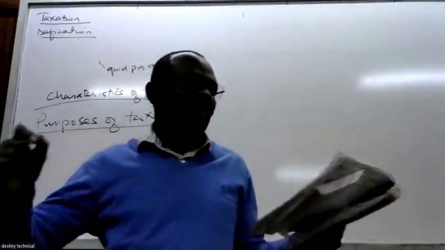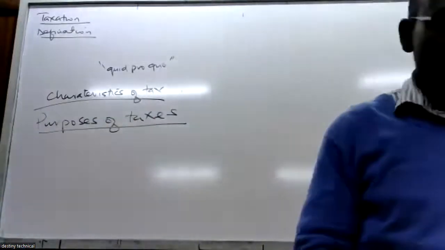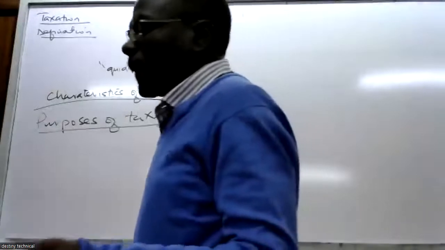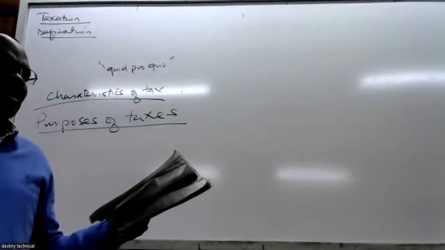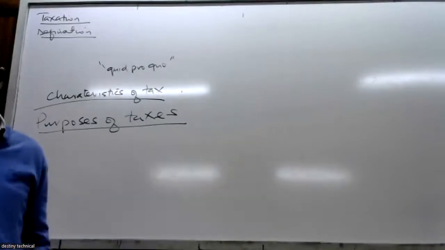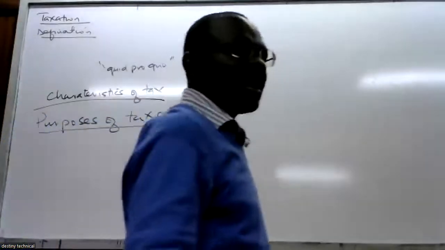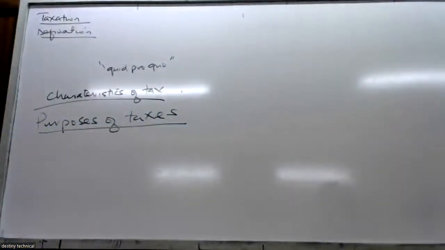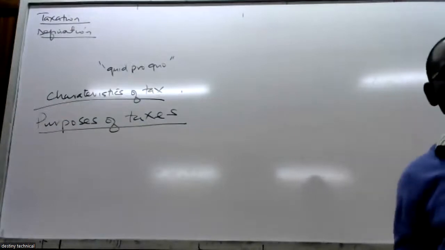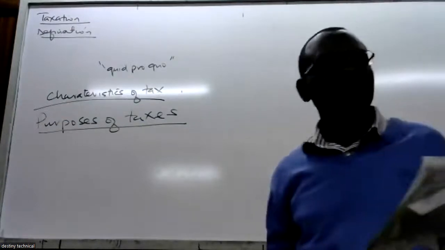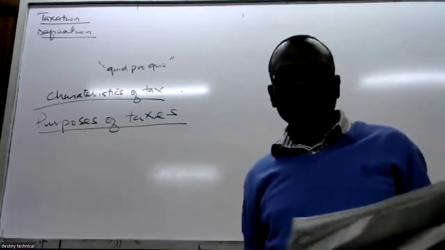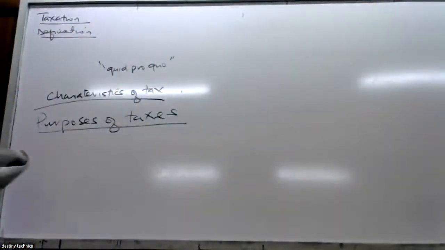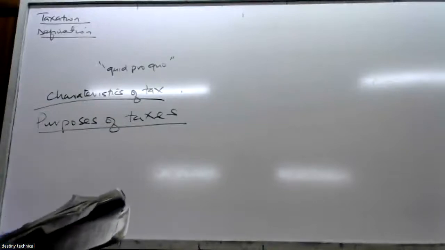Then number 4, to encourage exportation, and hence the generation of foreign currency. Then you say, e.g., exports are zero rated for VAT purposes.